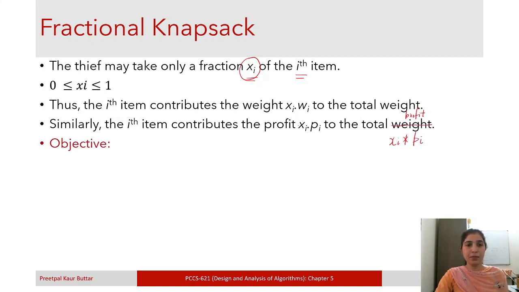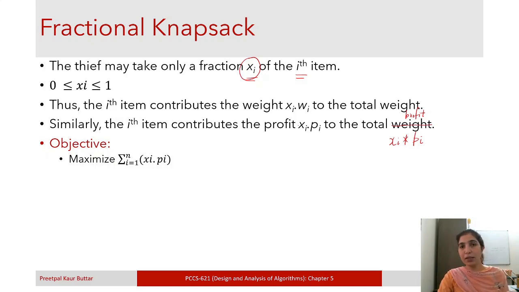So what is our goal? We have to maximize the profit. The profit of an item I is xi into pi, so the profit of all the items will be the summation for I from 1 to n of xi into pi. That is the profit of all items, and we have to maximize it.